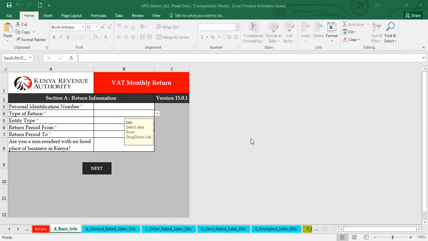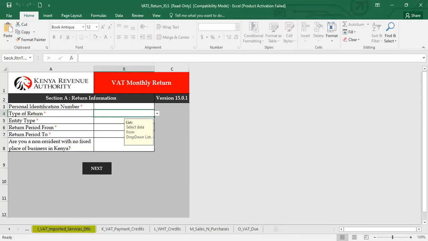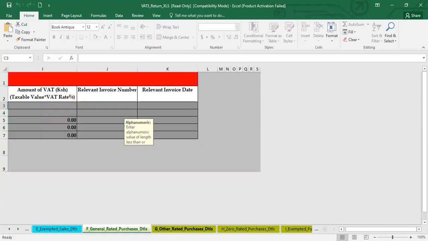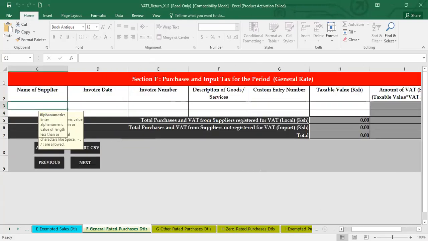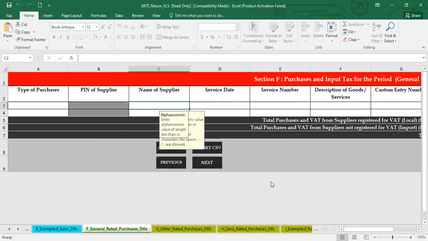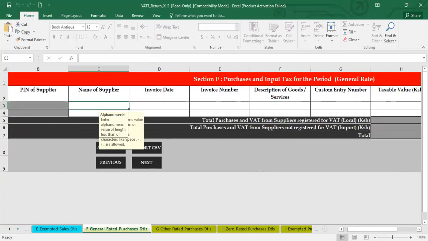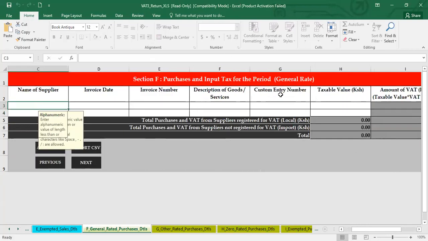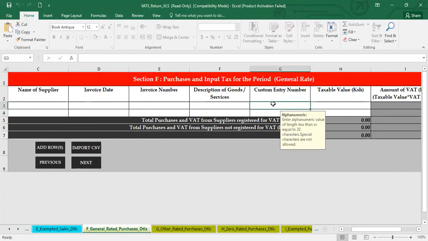Okay, so we were in purchases. There was this custom entry number, on column G. You see, purchases are things that you buy.